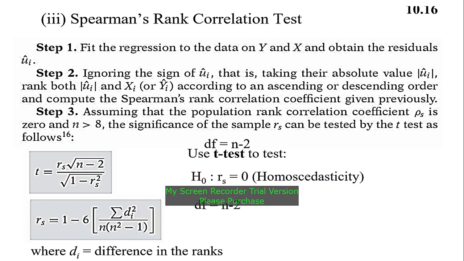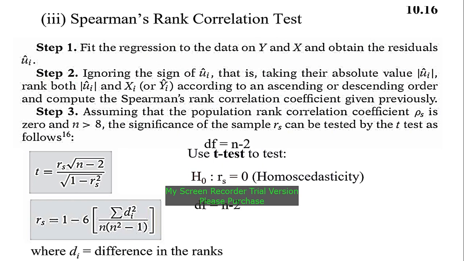Now back to the objective, we said we should be able to detect heteroscedasticity using a t-test. The only time we can perform a t-test is when the sample size n is greater than it. When we are given a sample size and n is greater than it, we can use the t-test.